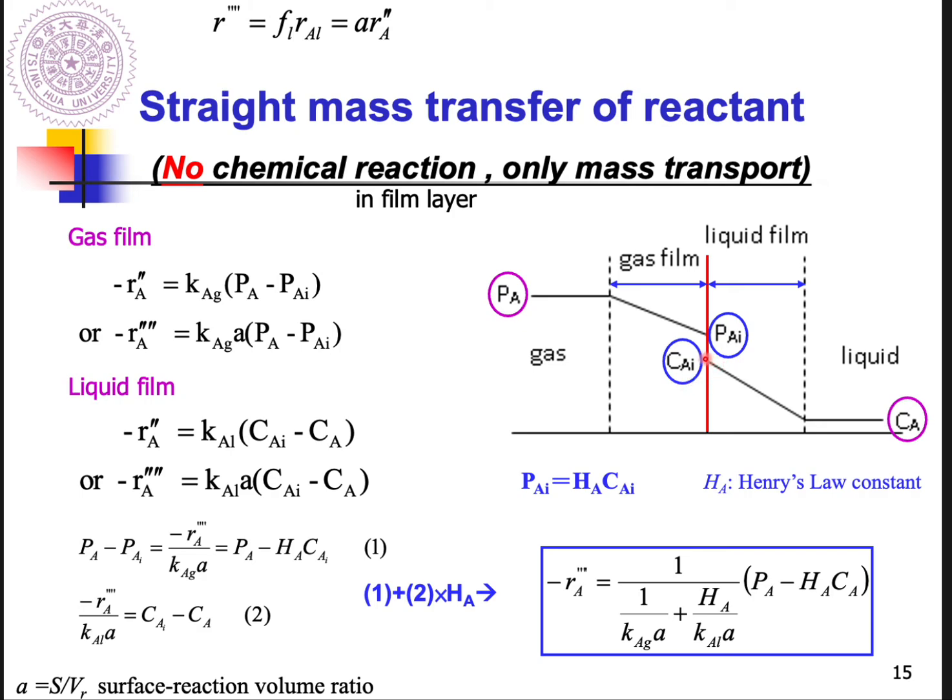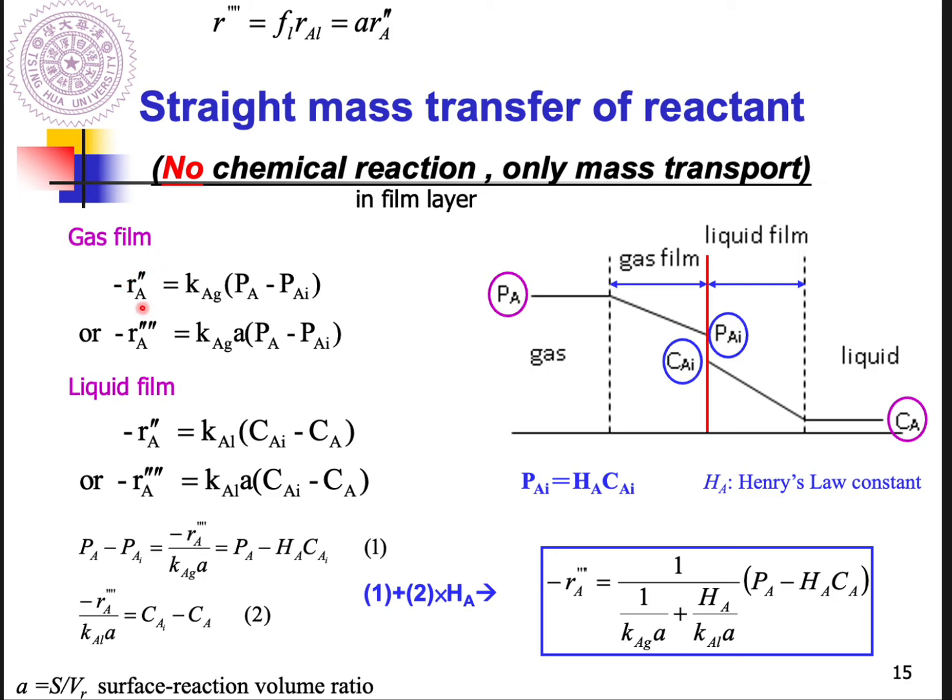only mass transport. So for the flux passing through the gas film, we can easily write down the flux, J_A double prime, with transport coefficient k_AG times (P_A minus P_AI), where k_AG is the diffusivity of molecule A through the gas film divided by the thickness of this gas film.